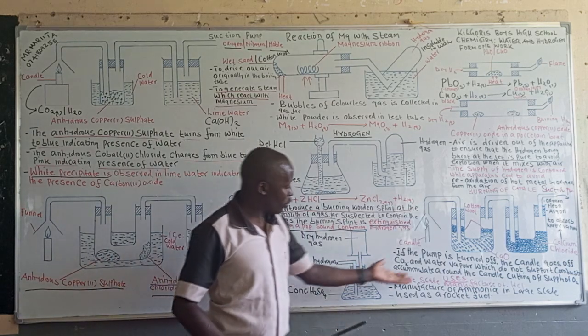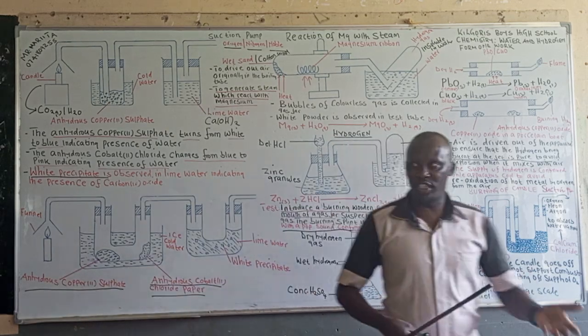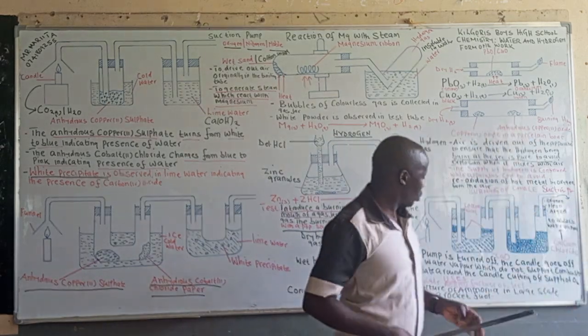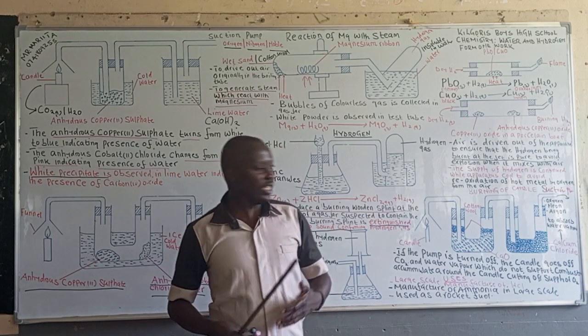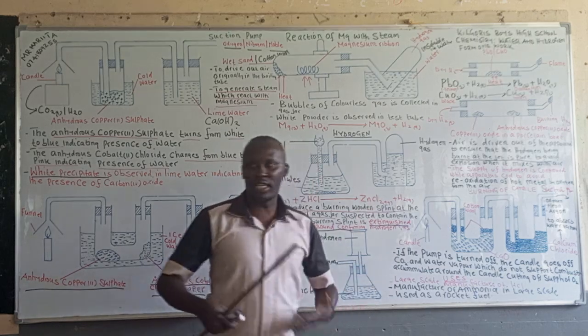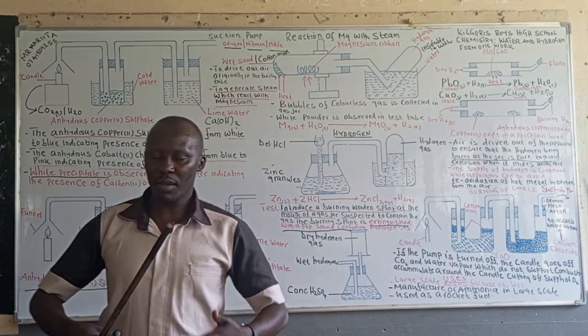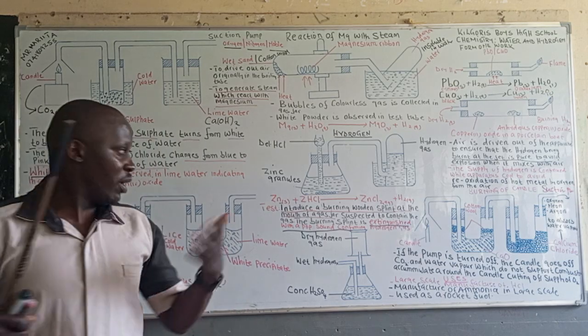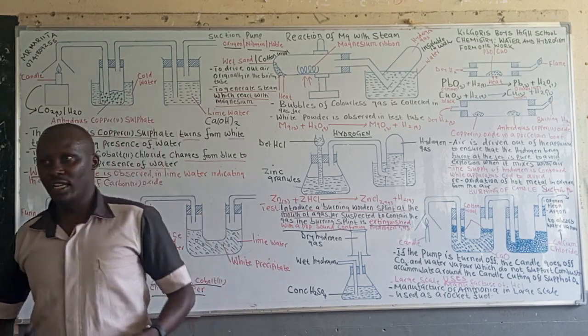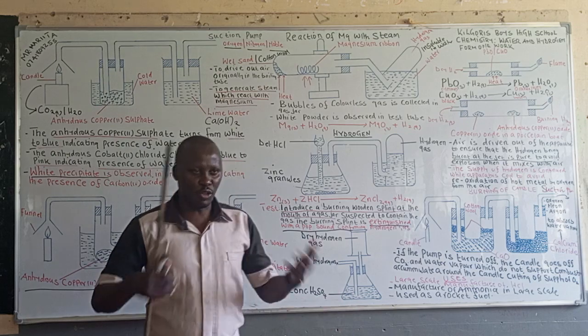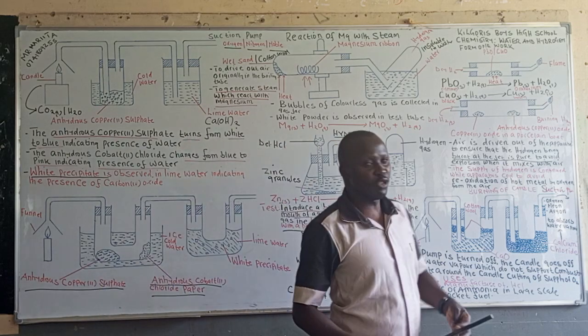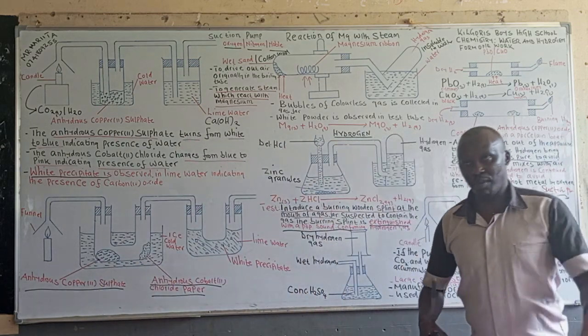And finally, we can also have the uses of hydrogen gas. You can be required to give the uses of hydrogen gas. Hydrogen gas is used in large-scale manufacture of hydrochloric acid. It can also be used as a raw material in the manufacture of ammonia in the Haber process.